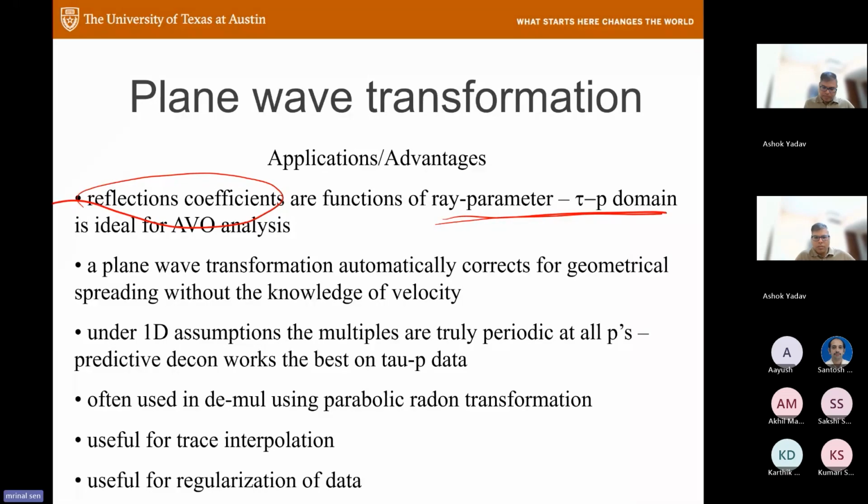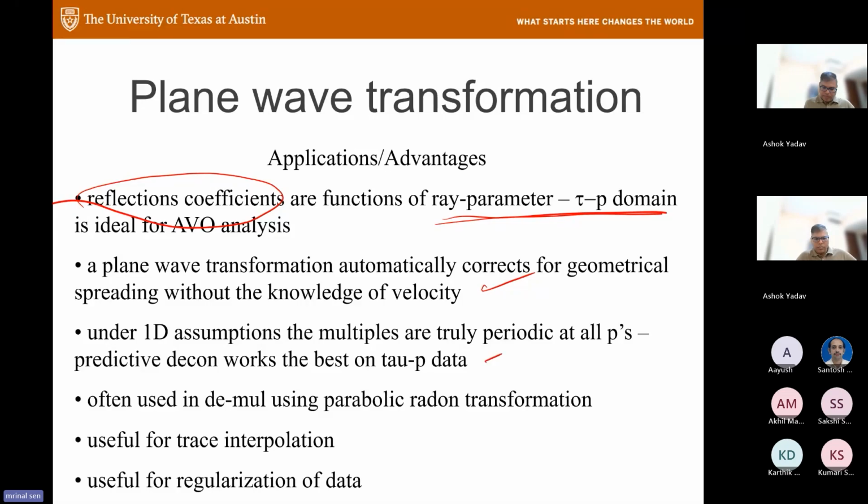So in the tau-p domain, you can look at the amplitudes as represented in reflection coefficients. It automatically corrects for geometrical spreading, and under 1D assumptions, the multiples are truly periodic in all P's, so the predictability curve works the best.